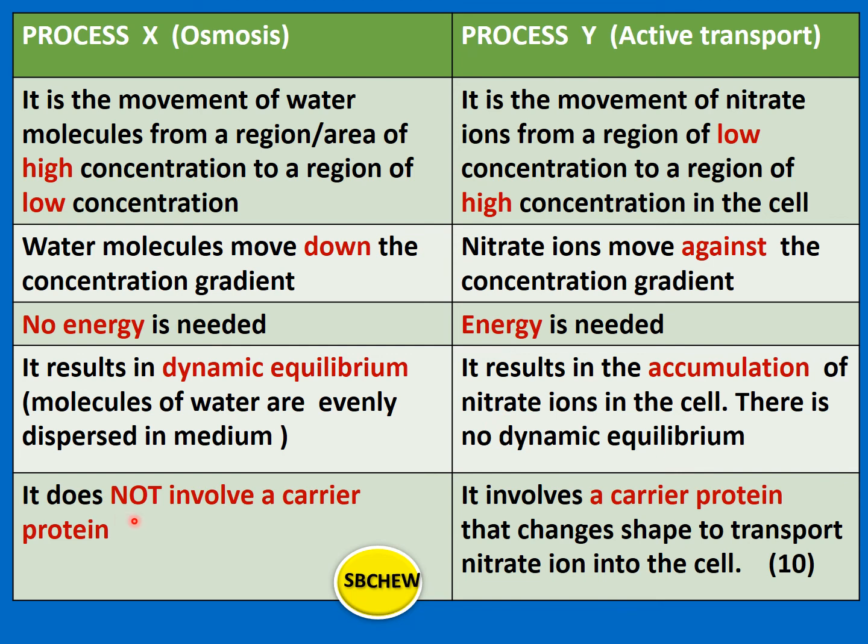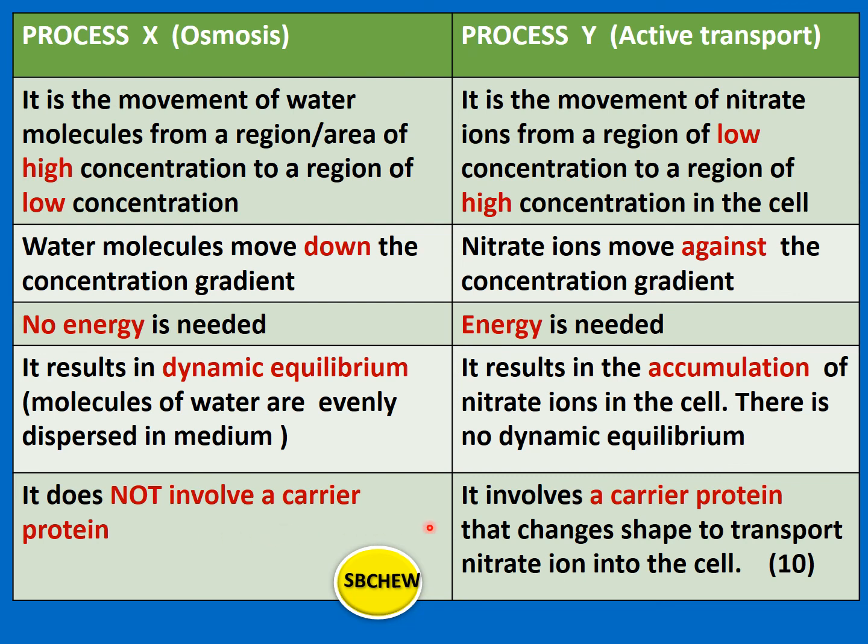And lastly, osmosis does not involve a carrier protein. If it occurs in the cell, the water molecules will not pass through any carrier protein because they are very tiny. They can just squeeze into the pores of the phospholipid bilayer and move through it.